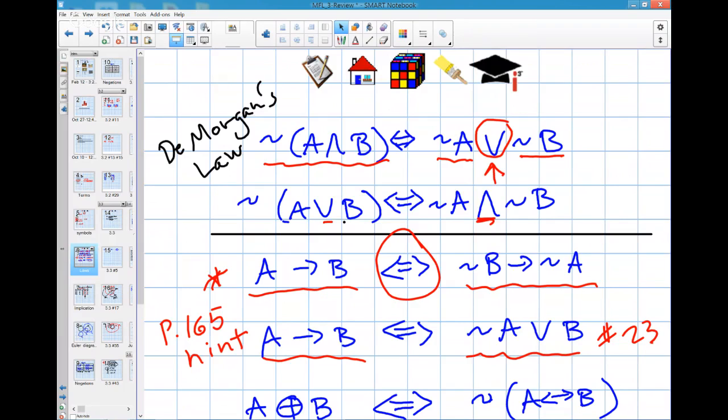Yeah, you got it right. The important thing is students have a tendency to not put that or in there. They'll leave it as an and. So just remember that. That's probably going to come up if I ask you to negate something. De Morgan, I'll tell you right now, it's going to be on the test and more than one time.